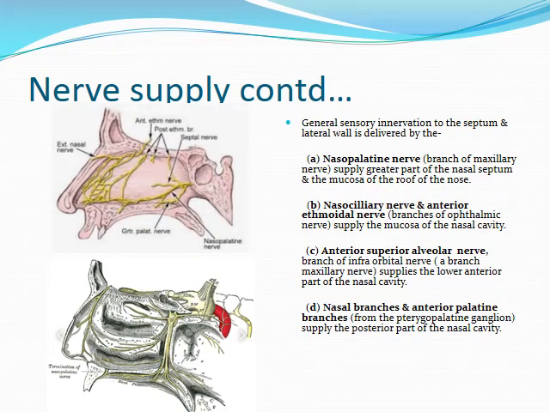As for the general sensory innervation to the septum and the lateral wall of the nose, the nasopalatine nerve, which is a branch of the maxillary nerve, supplies the greater part of the nasal septum and the mucosa of the roof of the nose. The nasociliary nerve and the anterior ethmoidal nerve, which are branches of the ophthalmic nerve, supply the mucosa of the nasal cavity.